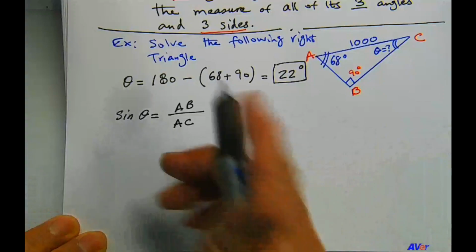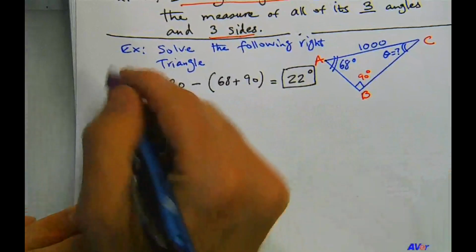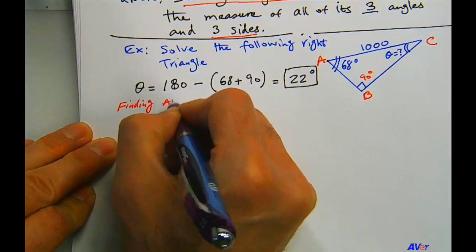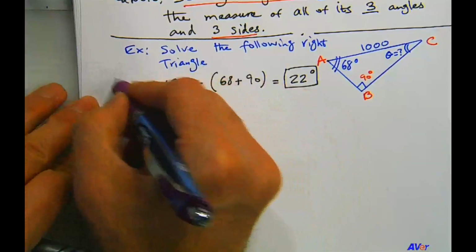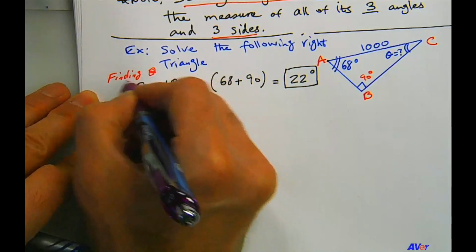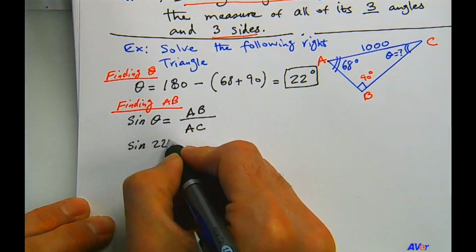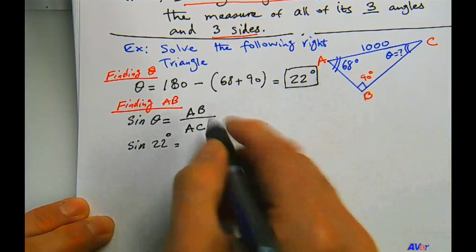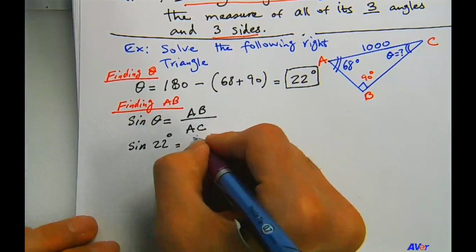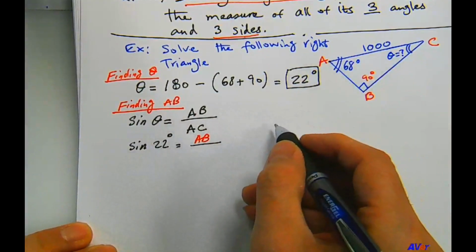So therefore, we have sine of 22 degrees is equal to AB, which is what we're looking for, AB divided by AC, the hypotenuse, which is 1,000.